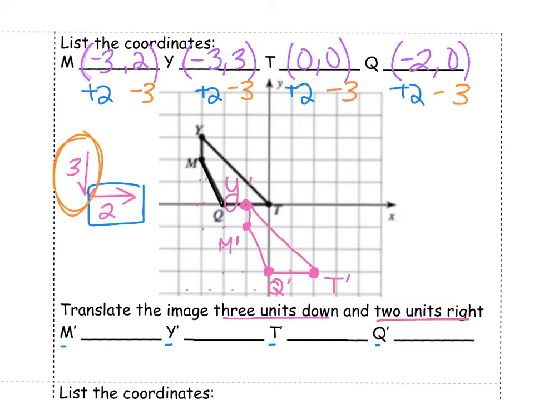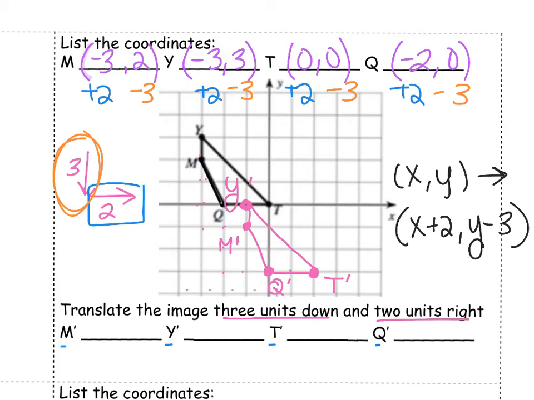And so if we were going to write a general rule, we could say we took my coordinates x, y, and I changed them by taking my x's and adding 2, and my y's subtracting 3. This is your general rule for this problem.